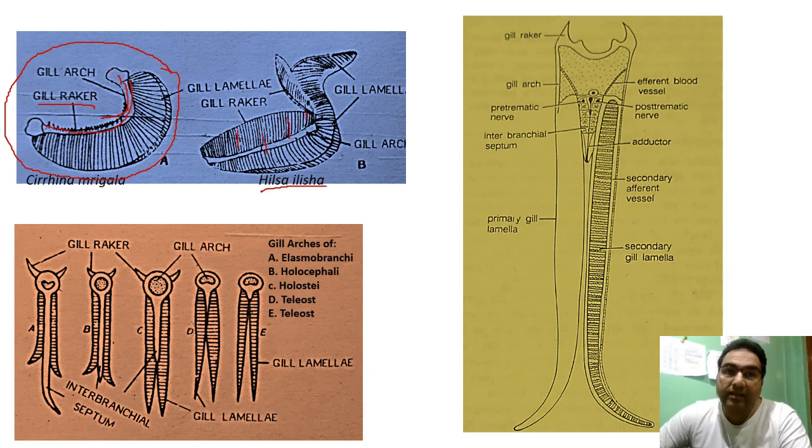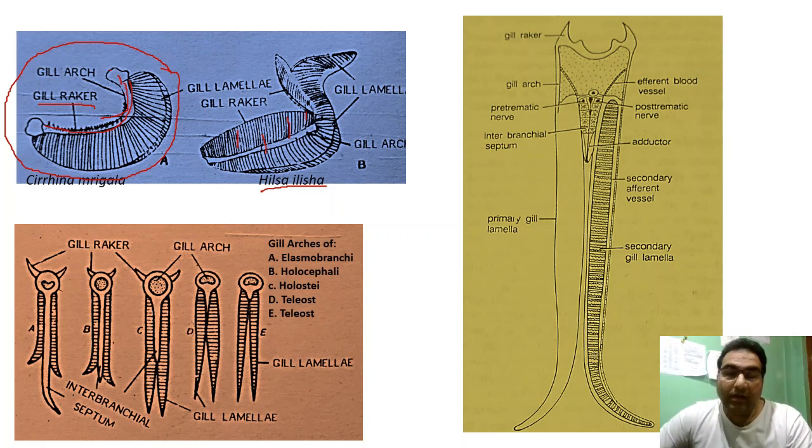So these gill rakers also help in the feeding of the fish, because they help to filter the plankton. That is why they are filamentous in this case. But in this case they are short and stumpy, or in the carnivores, they are strong and teeth-like, and they help in the feeding of the fish.